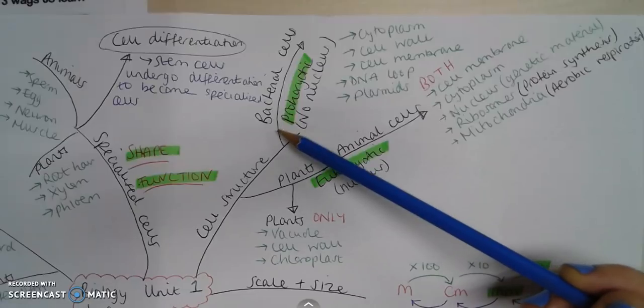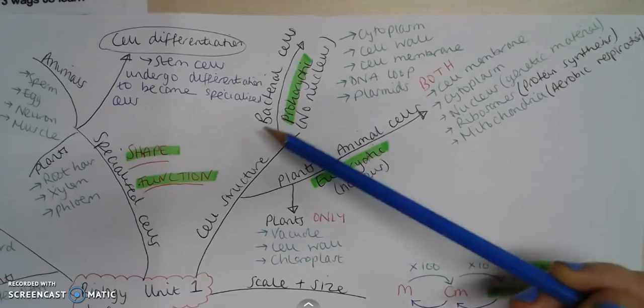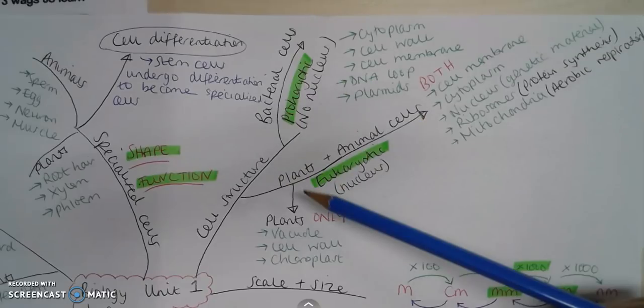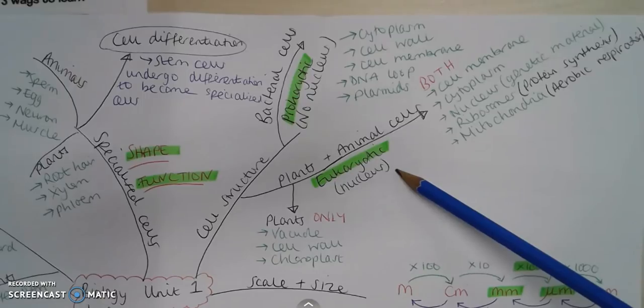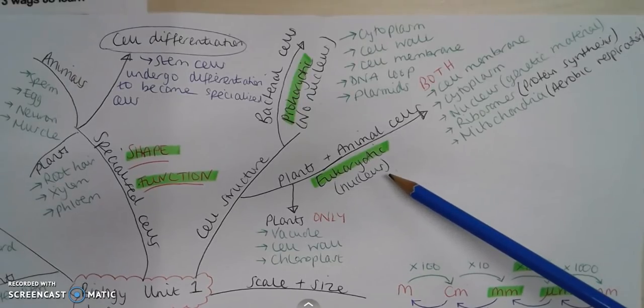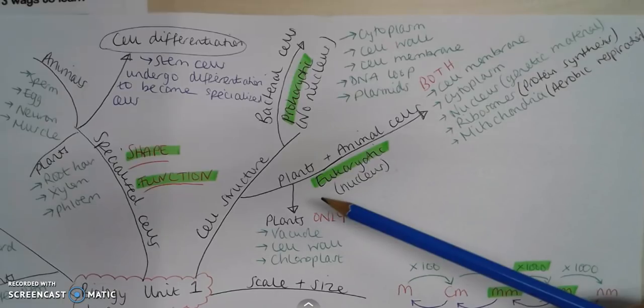Okay, so prokaryotic, no nucleus, for example, bacteria. The other type are the eukaryotic cells, which do contain a nucleus and membrane-bound organelles, and those, for example, would be your plant and your animal cells.